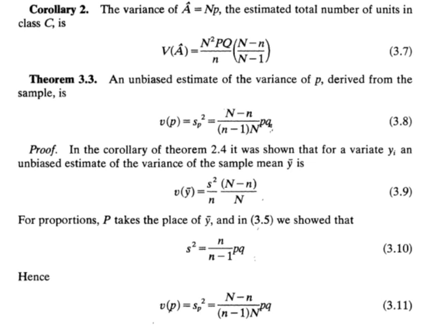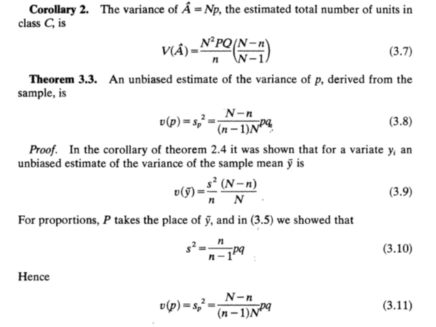V hat of small p, where s squared for p is equal to capital N minus small n over capital N, times small n minus 1, times p times q.